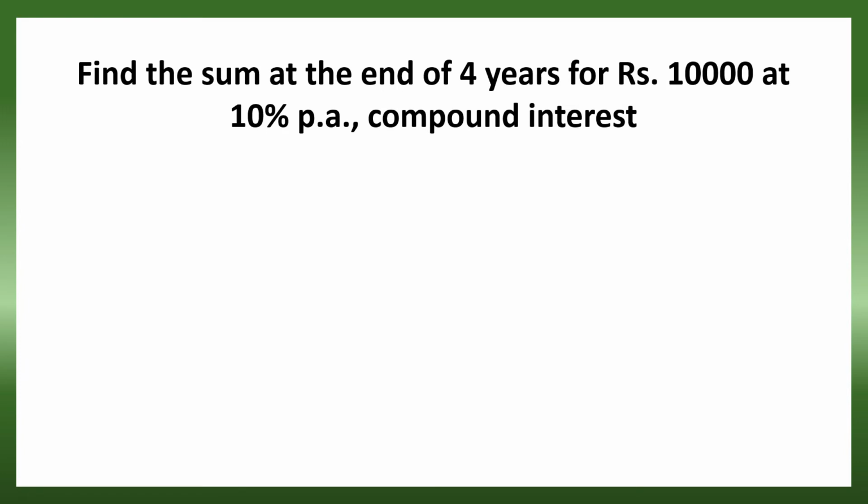Now, let us see how the calculation is done. The question here is to find the sum at the end of 4 years for rupees 10,000 at 10% per annum compound interest. So, the amount is unknown here. We are asked to find the sum at the end of 4 years.